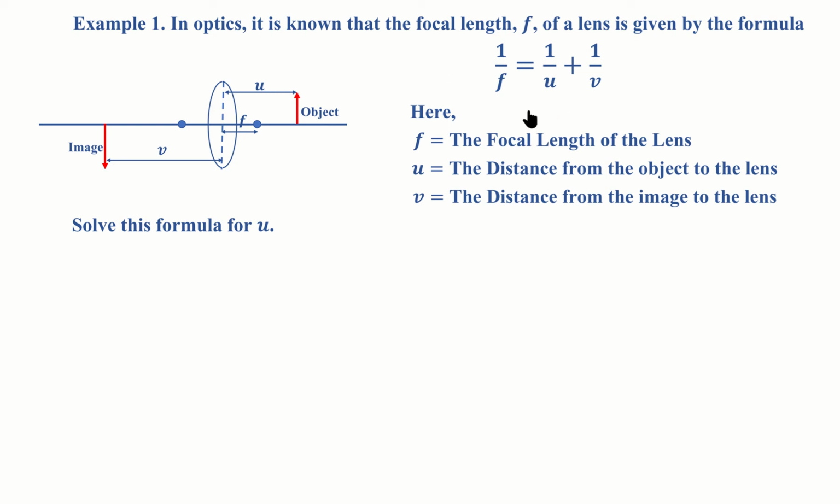So here we're trying to solve this formula from optics, where f is the focal length, u is the distance between the object and the lens, and v is the distance between the image and the lens. They're related together by this formula, and we want to solve this formula for u.